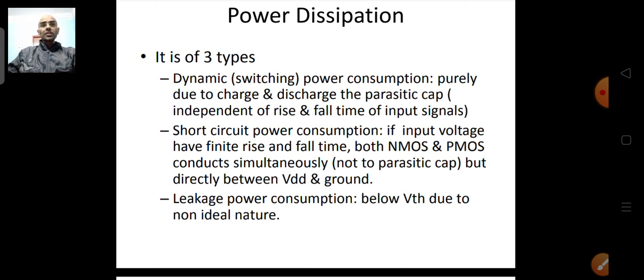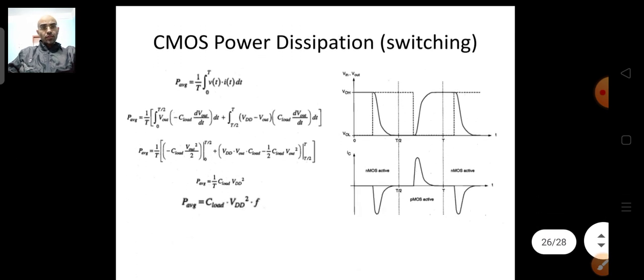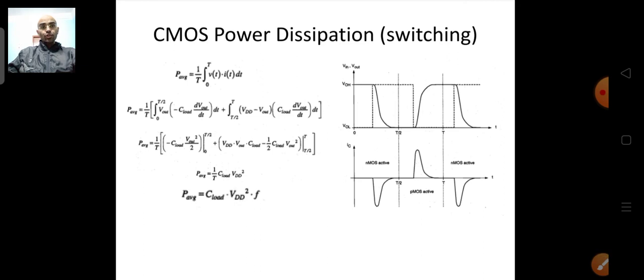But if you talk about the dynamic switching power consumption, here also we are assuming that our input is ideal. In the first case we are assuming the input is ideal, so you will have static power dependent upon the leakage current.